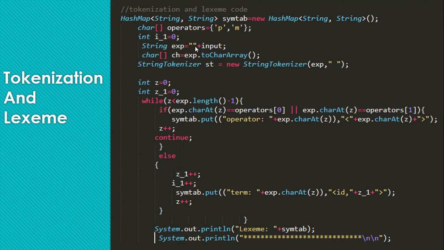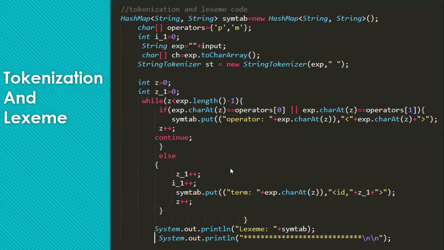And string expression equals inverted commas plus input. In the expression, we are storing our input, and then we are making an object of string tokenizer, and then let's come to the while loop.